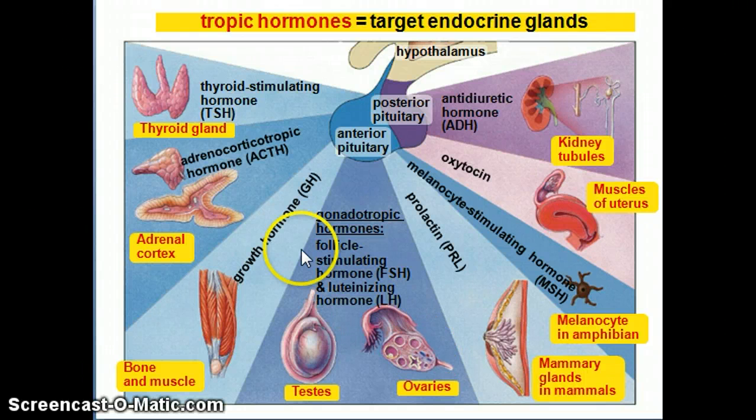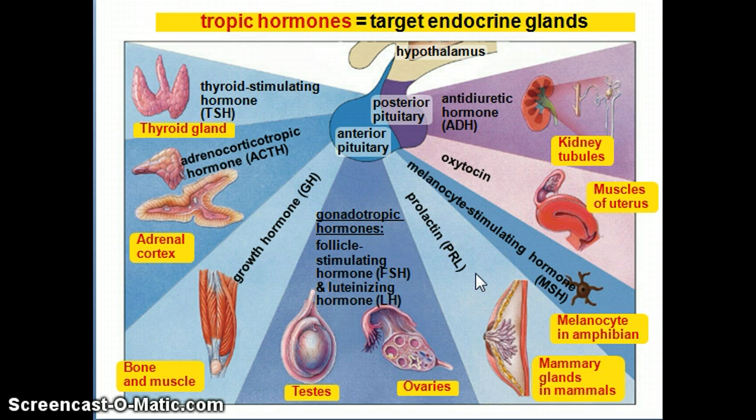We have the adrenal cortex as a target, and ACTH is the name of the hormone that is being released there. We have the gonadotropic hormones like FSH and LH, which are targeting the ovaries and testes. So again, these are part of the endocrine system, so they are going to produce their own hormones and have their own action.